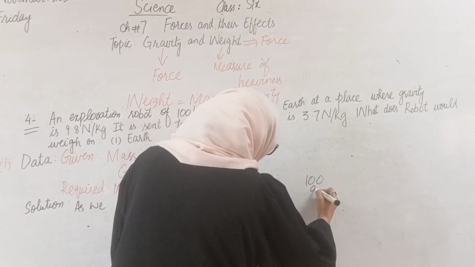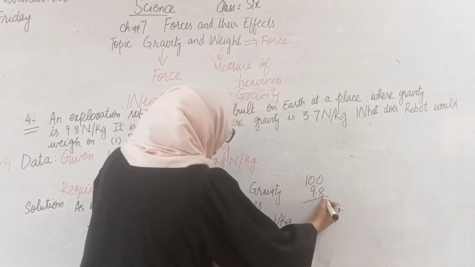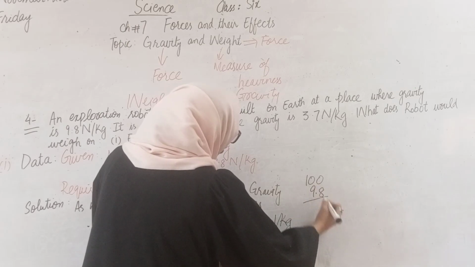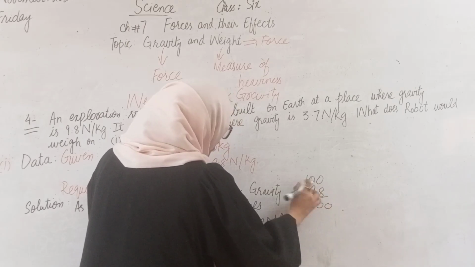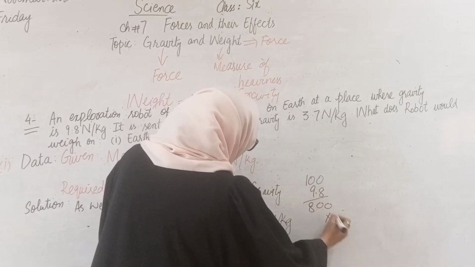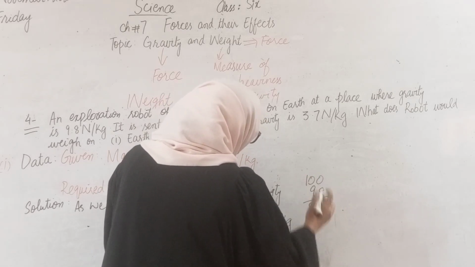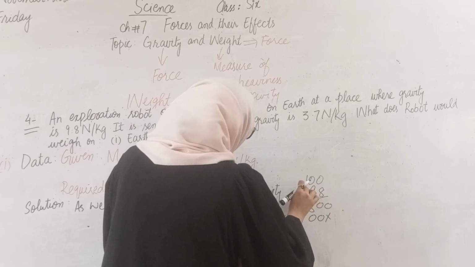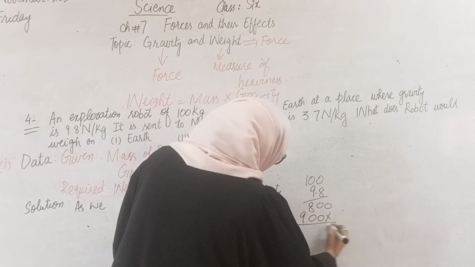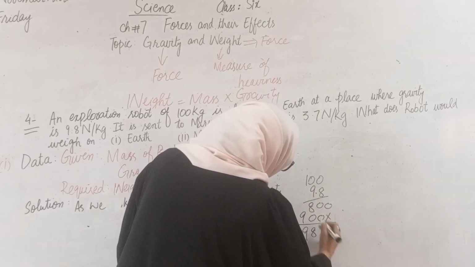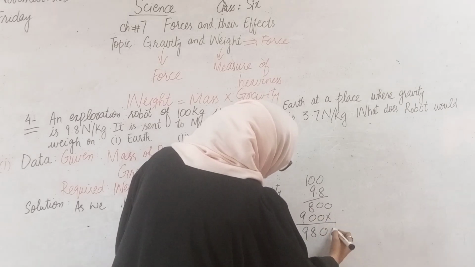100, 9.8. 8 zeros are 0, 8 zeros 0, 8 ones are 8, and 9 zeros 0, 9 zeros 0, 9 ones are 9, 9, 8, 0 and 0.